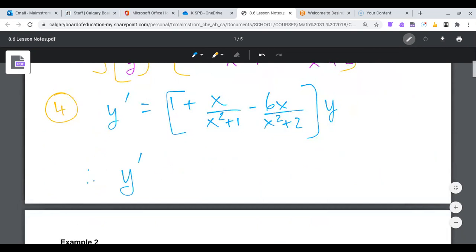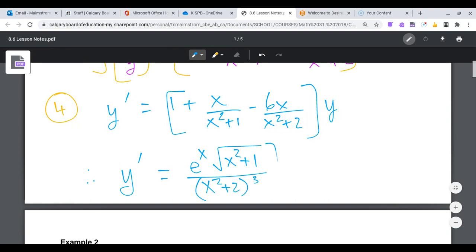So therefore, y prime is 1 plus, actually I might put it in the front. Sorry, I think it'll look a little prettier in the front. Okay, so we have e to the power of x times the root of x squared plus 1, on x squared plus 2 cubed.